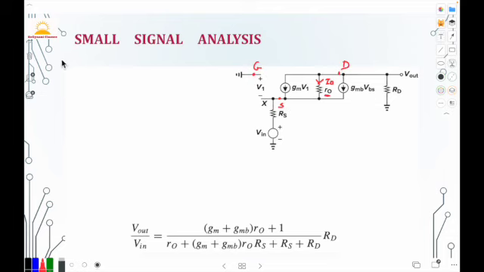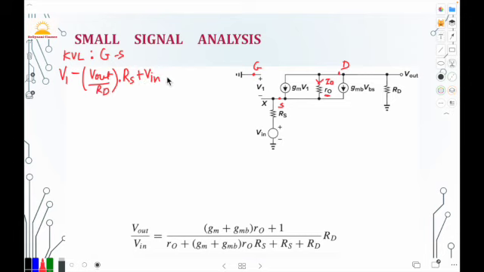First, KVL from gate to source: V1 and the current flowing through RS. We write minus the current flowing through RS, which is V out upon RD times RS, and then V in.